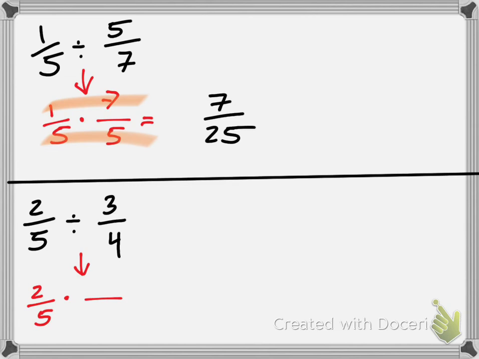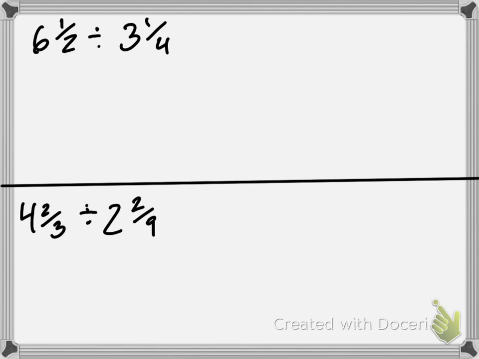And then you switch the 3/4 to 4/3. Perfect. And can I cross cancel, Sophie? No. So I just across multiply. Sophie, what's 2 times 4? 8. What's 5 times 3? 15. Perfect. Great job.